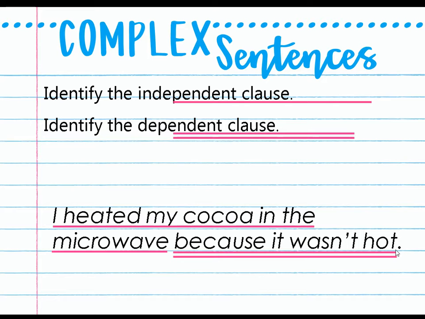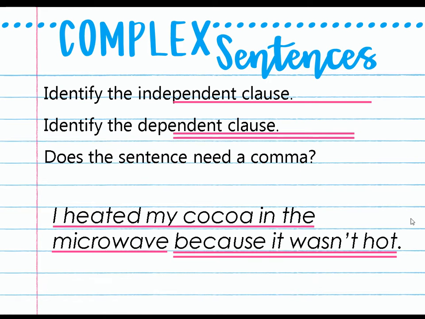And that would be because it wasn't hot. The word because is our subordinating conjunction. So we want to look for those subordinating conjunctions to identify our dependent clauses. Do we need a comma in this sentence? Nope, no comma, because we started off with an independent clause.